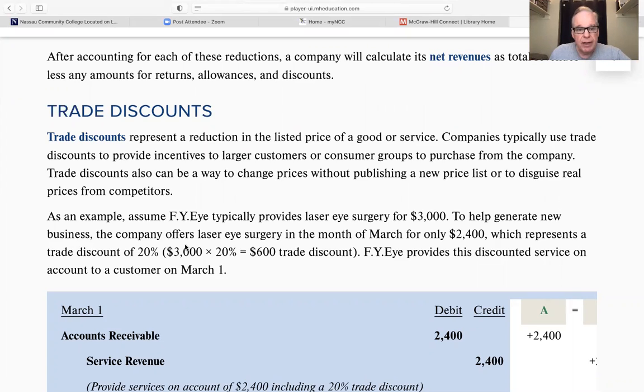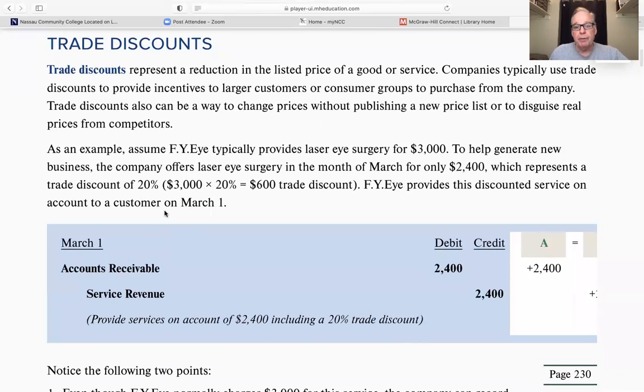So they give you an example here. This is kind of a creepy example. It's a doctor that provides eye surgery, right? And the cost of the surgery is $3,000, but for you, just for you today, I'm only going to charge you $2,400 for that surgery, right? There was a 20% or a $600 trade discount. Debit accounts receivable, credit service revenue.